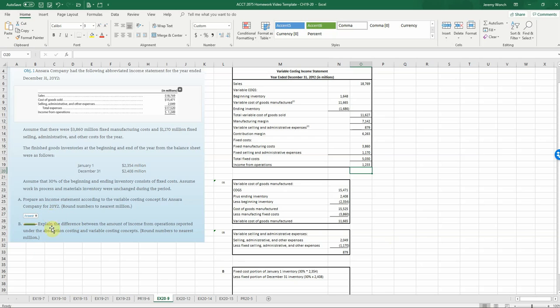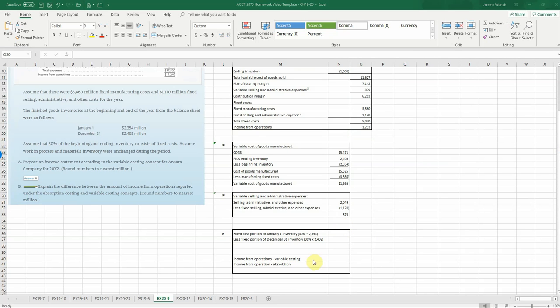All right, so in part B, it says explain the difference between the amount of income from operations reported under the absorption costing and the variable costing concept. So if we look up here, under absorption costing, we have income from operations of 1249. But under the variable costing, we had 1233, so they came out to be a little bit different.